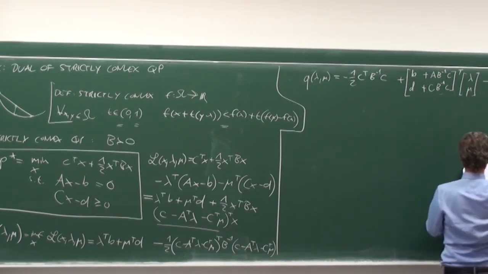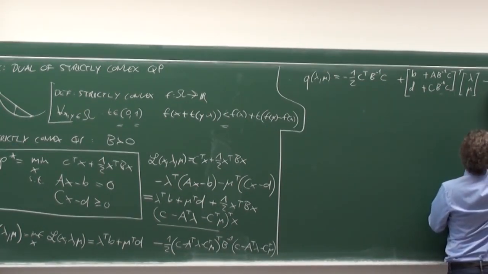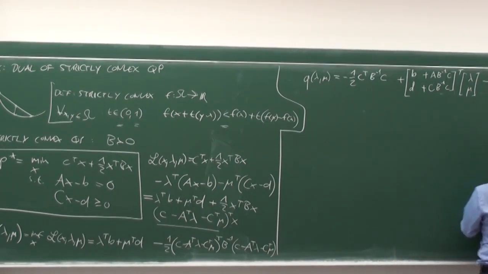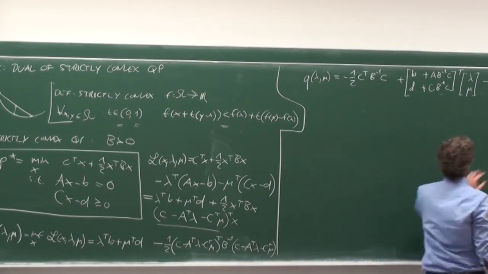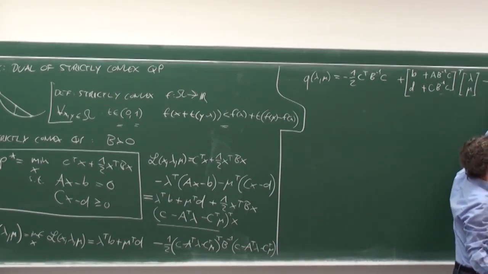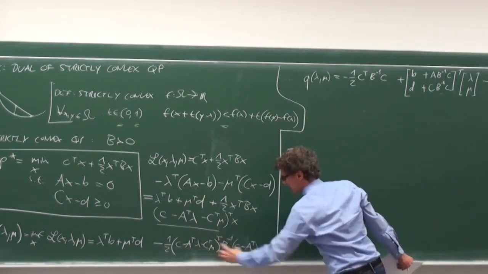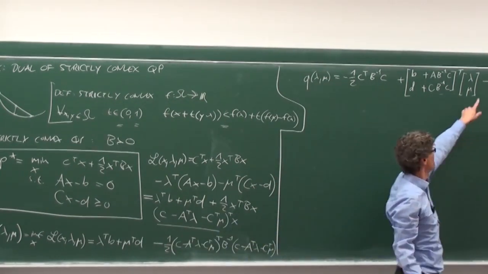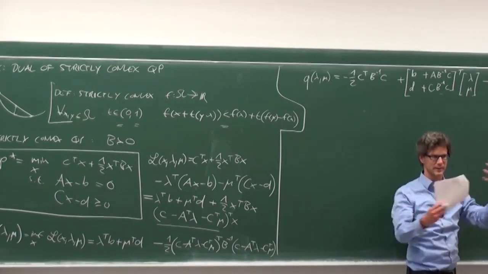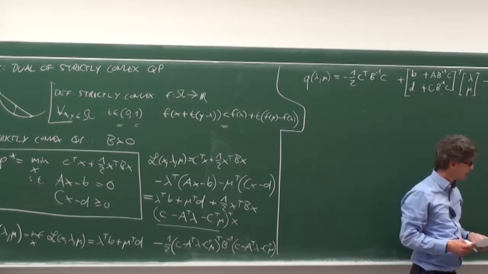And I have here my minus 1/2 and lambda and mu, transpose and lambda and mu. So basically this product gives you A transpose times lambda plus C transpose times mu, which is this thing. Then I multiplied with B to the minus 1 and then the same transposed. And I got rid of both the minus signs because they are the same, and then the one minus sign in front is remaining. Okay, so that's just quadratic multiplications.